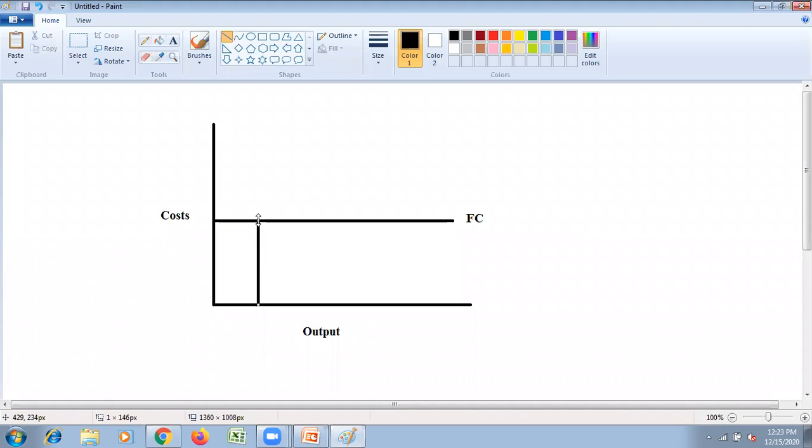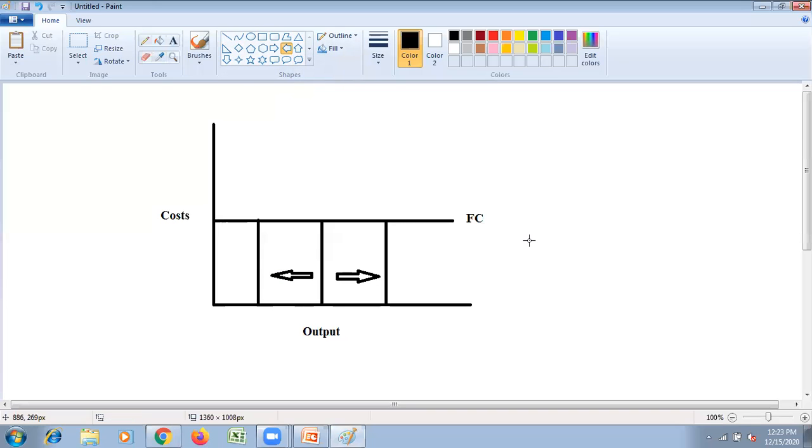And now we can easily see it doesn't matter what the output is. Let's say this is the output, or this is the output, right? There is no change in the fixed cost at all, and that is the property of the fixed cost. It doesn't change whether output increases or output decreases.